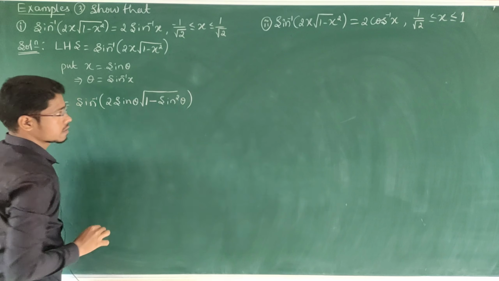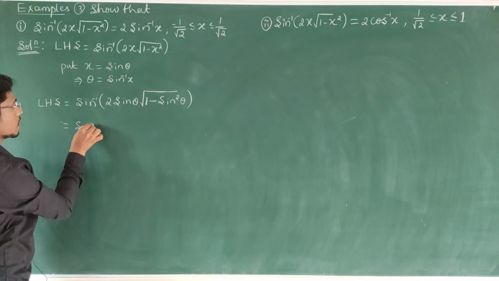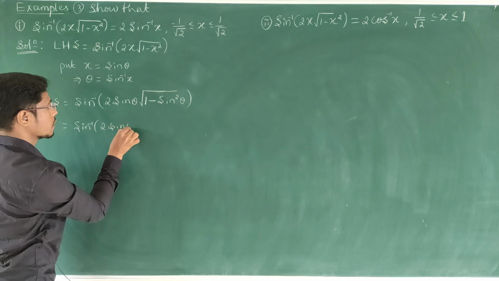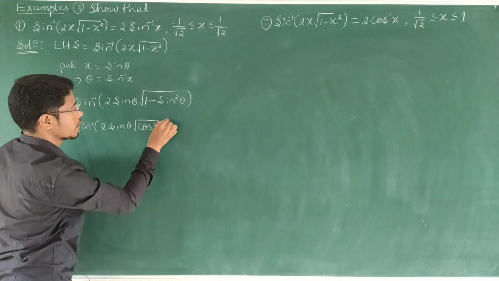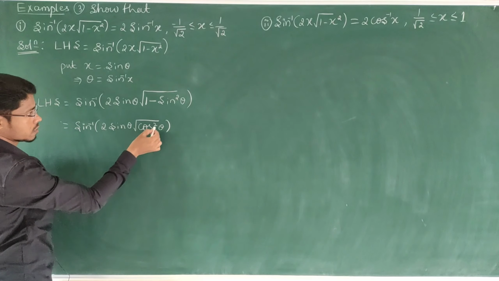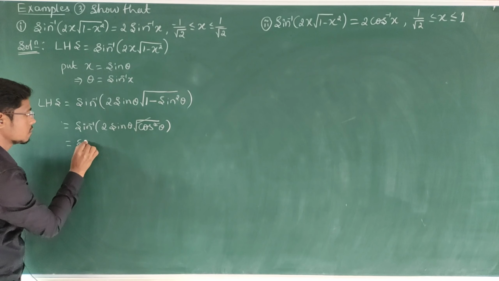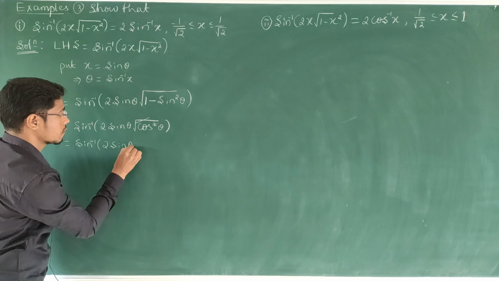So sine inverse of 2 sine theta into square root of 1 minus sine square theta, which is cos square theta. Complete the bracket. Square and square root will get cancelled. Sine inverse of 2 sine theta into cos theta.